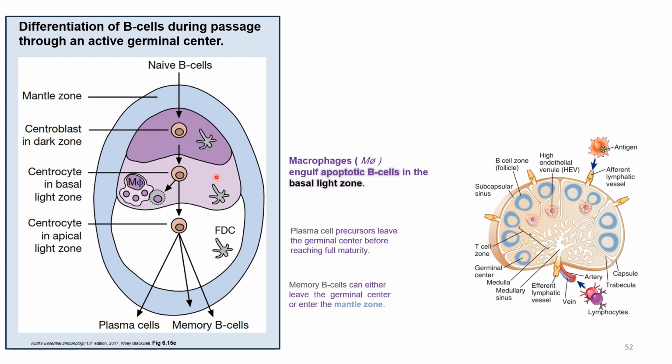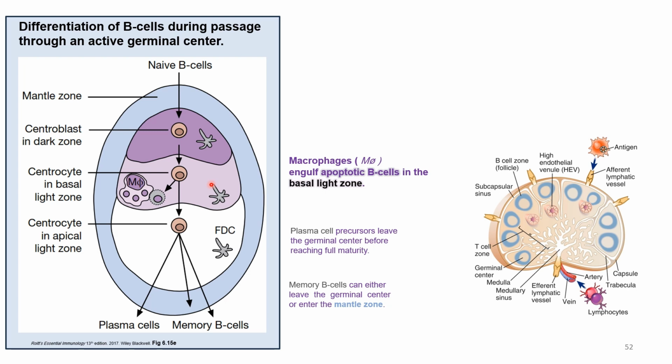So in that sense, it's like a dendritic cell. It's presenting antigen. However, rather than presenting it to T cells on MHC, it's presenting it in the form of captured immune complexes to B cells.